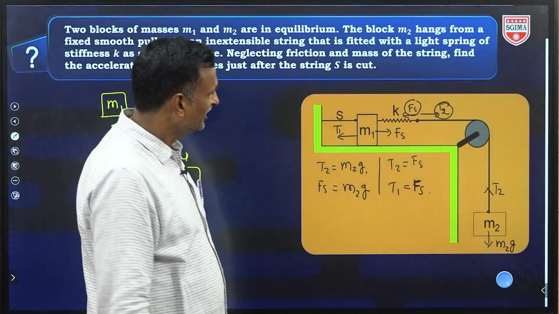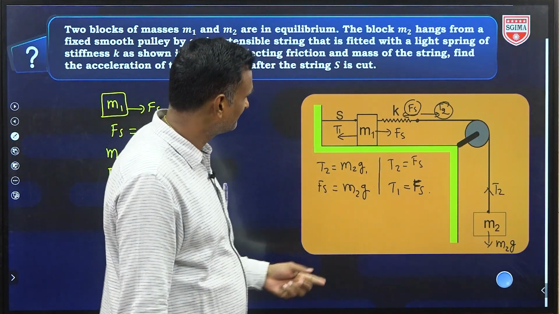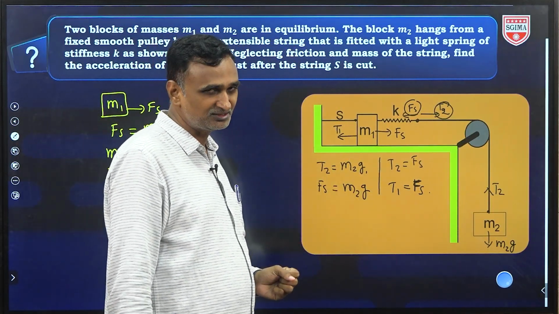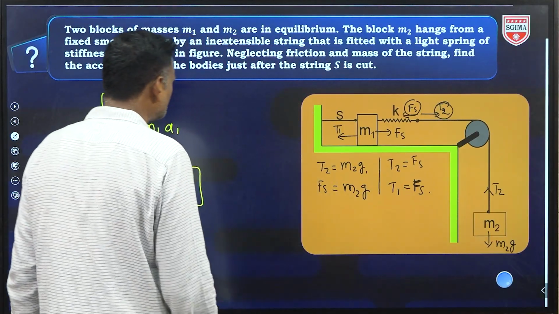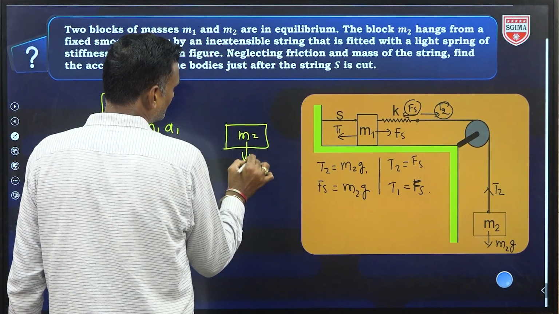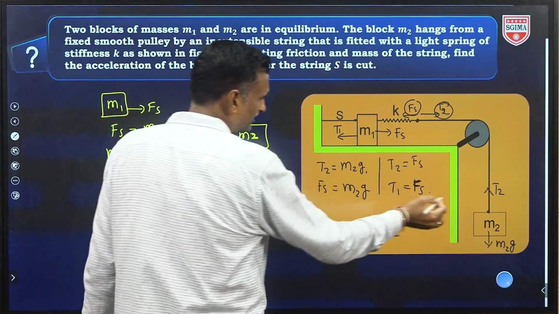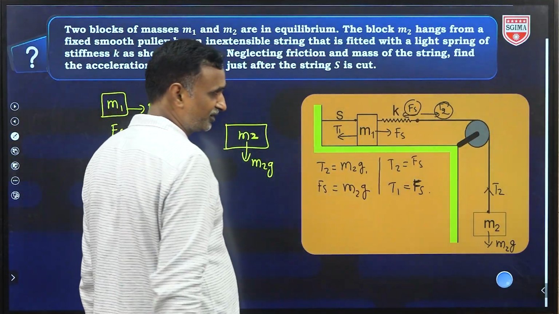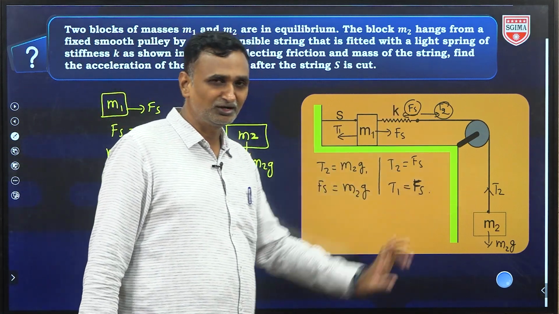Next, T2 still equals the spring force, and that spring force value, and T2 equals M2G, also there for the second block. Now for the second block, the downward force is M2G, and this T2 is connected with the spring, meaning the spring is not altered, so T2 is also not altered.